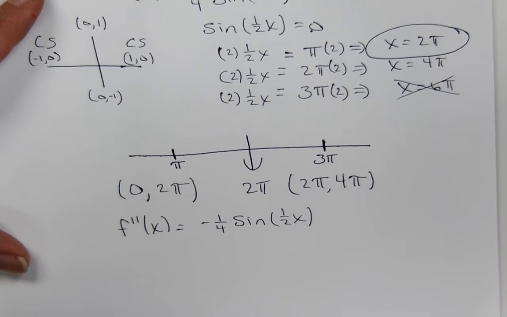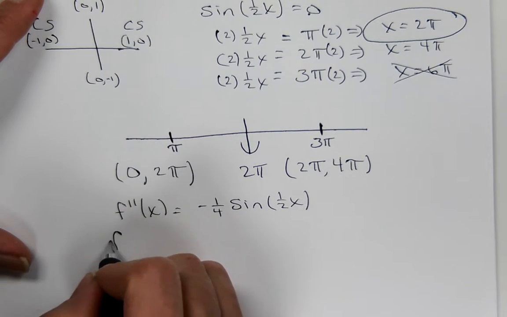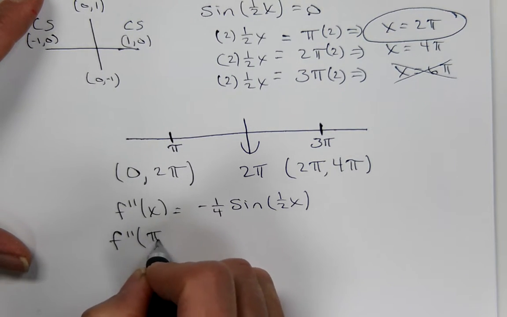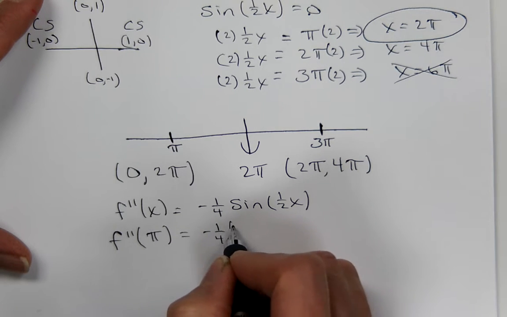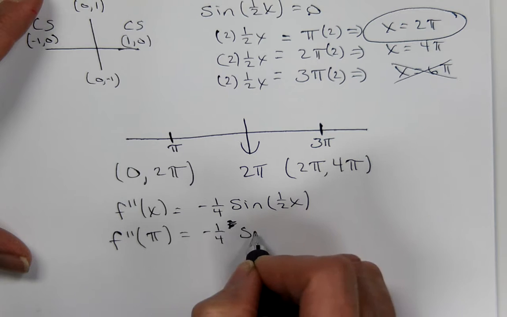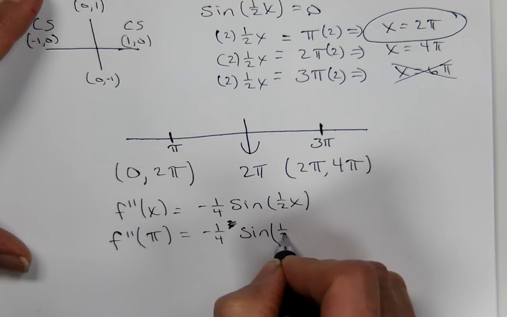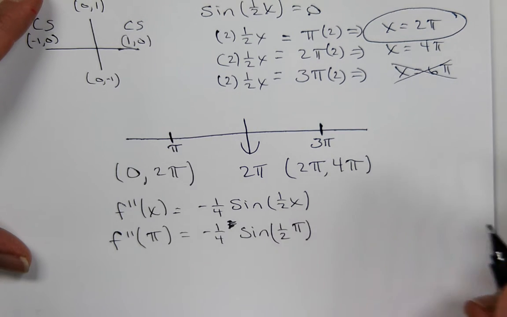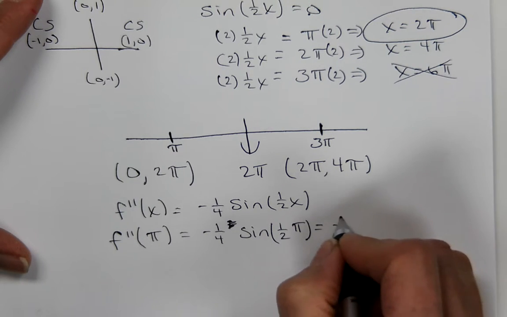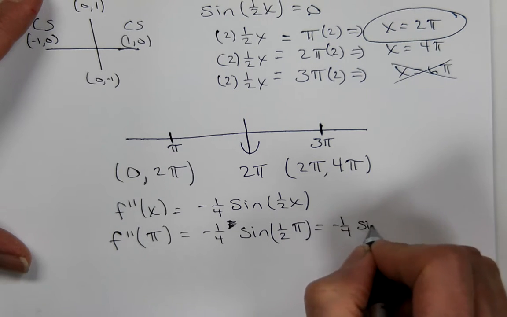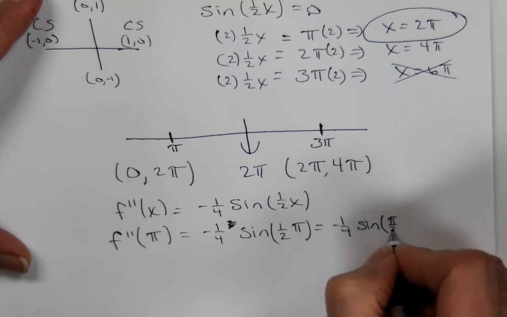And so moving up, f double prime of pi is equal to -1/4 times the sine of 1/2 times pi. And you always simplify the angle first. So that's -1/4 sine of pi over 2.